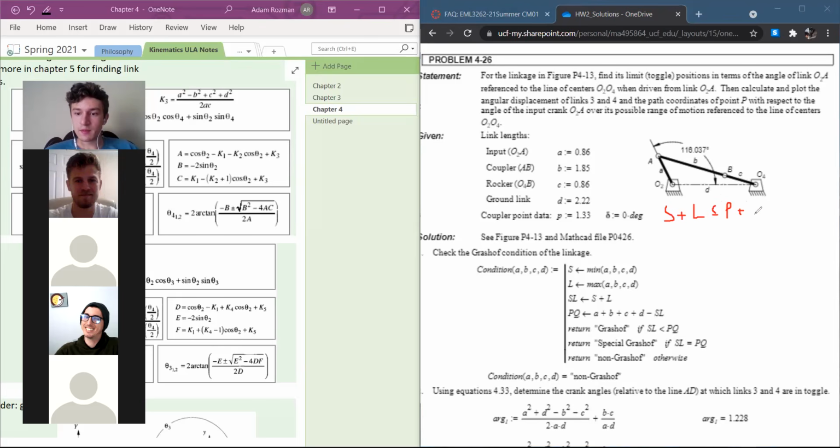I'm writing with my mouse pad, so I will just do this in my calculator really quickly. So short plus small, so I'll have 0.86 plus the long, which is 2.22. That's 3.08.